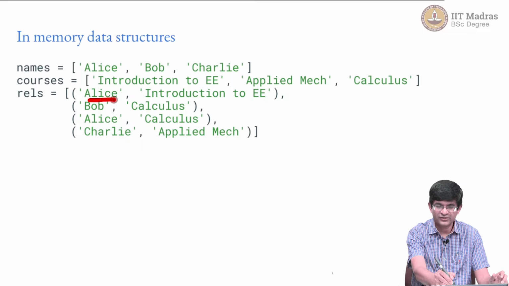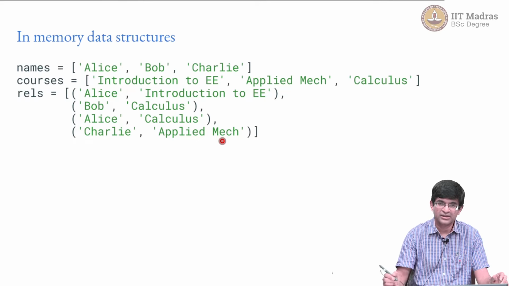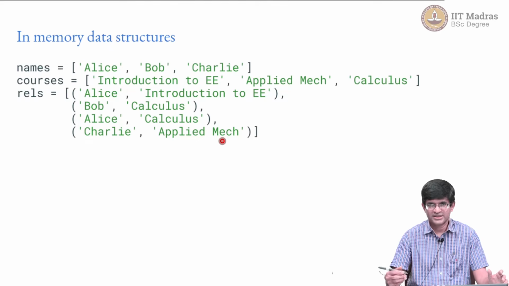The first one is a name and the second one is the name of a course. So this gives the relationship saying that Alice has taken the course Introduction to EE, and similarly Bob has taken the course Calculus. Alice has also taken Calculus in addition to the Introduction to EE. And finally Charlie has taken Applied Mech. So this is just one way by which it could be represented.